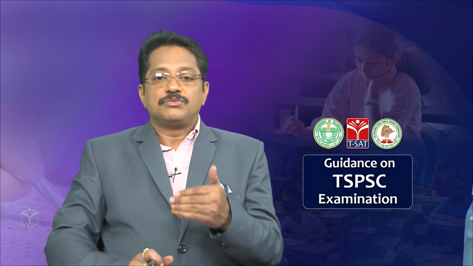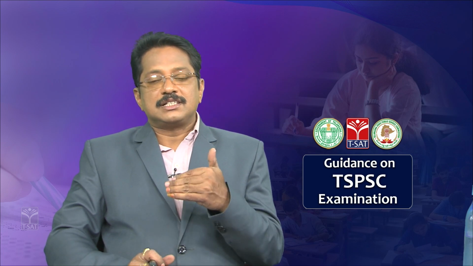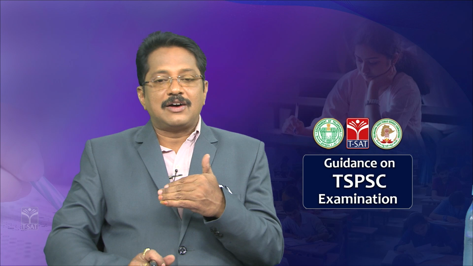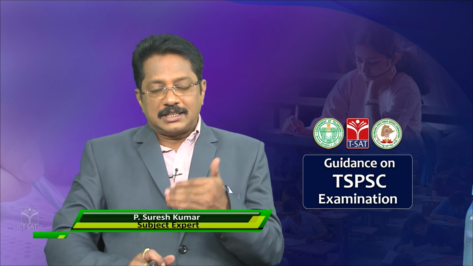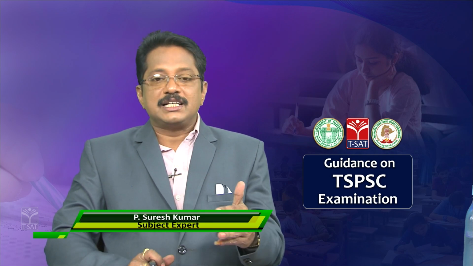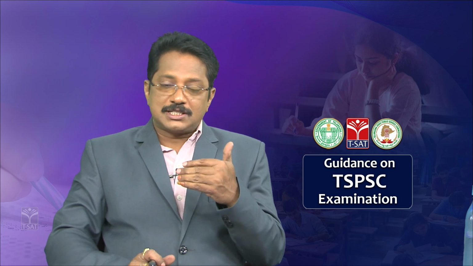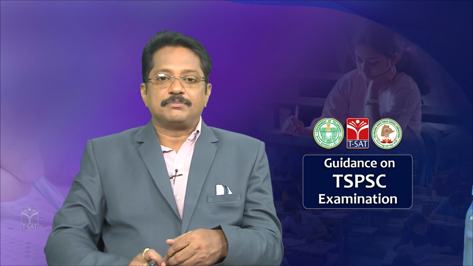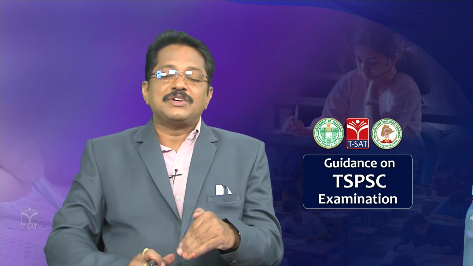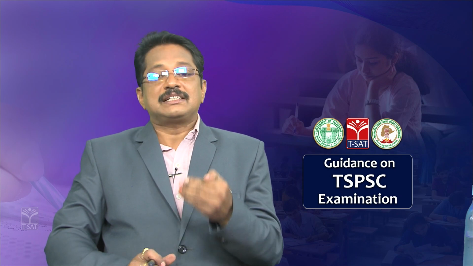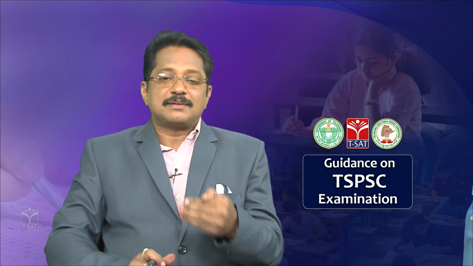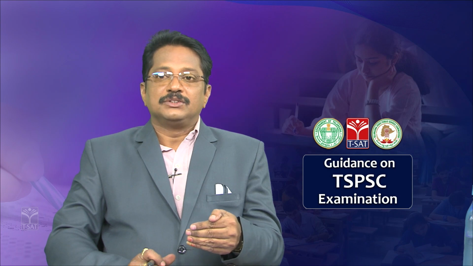So you have to follow all these things. If 'ago' is given, you have to subtract the remainder when those days are divided by 7. Whatever remainder you get, subtract the same. If 'after' is given, you have to add that. If it is 'on the day', you have to subtract 1. In this manner, you have to find it.